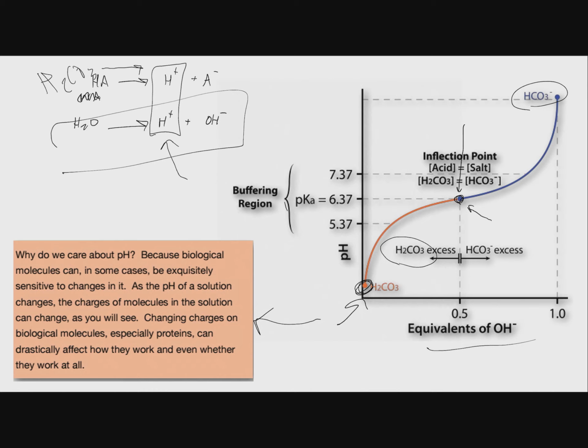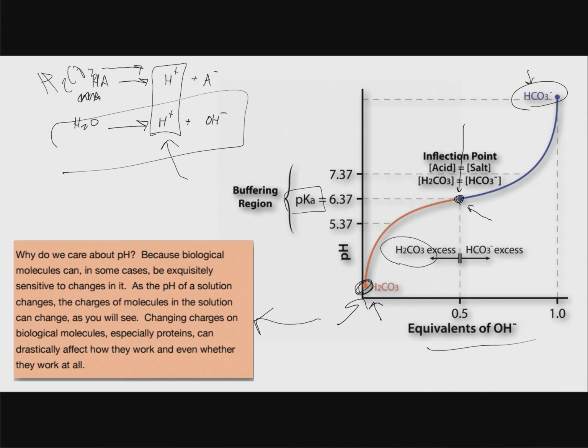We'll talk about what the pKa means or how it's calculated later, or at least how it's calculated for amino acids. But we get it. It basically means that there's a ratio of the HCO3 that's equal to the H2CO3. So a ratio of 1. So at that point right there, the ratio of these two species is equal to each other.